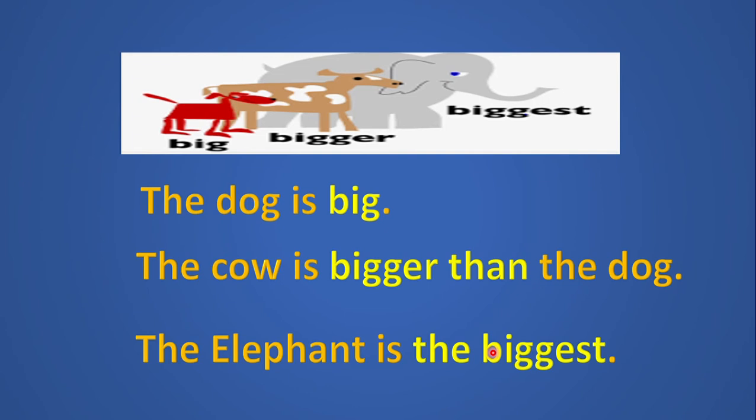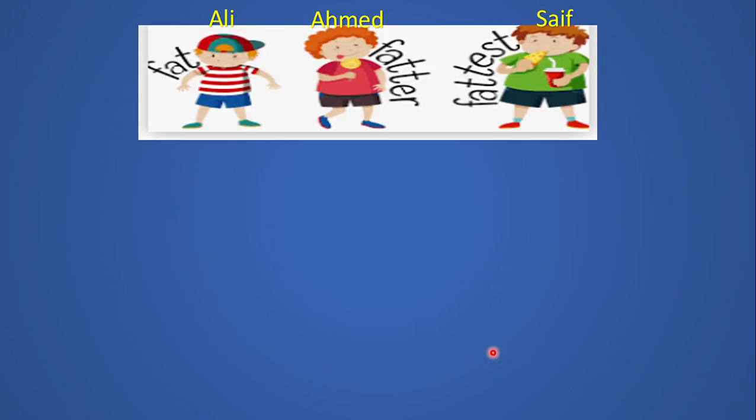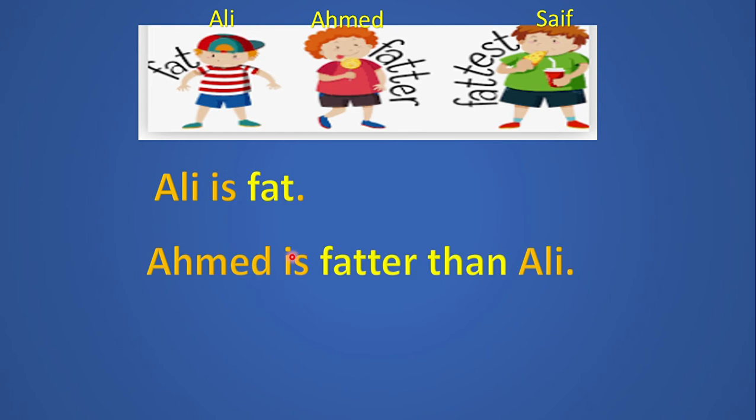Okay, my students, let us have another example. The adjective fat, fatter, fattest. I have Ali, Ahmed, and Saif. Let us write sentences about them. Ali is fat, but Ahmed is fatter than Ali. Can you see Ahmed?